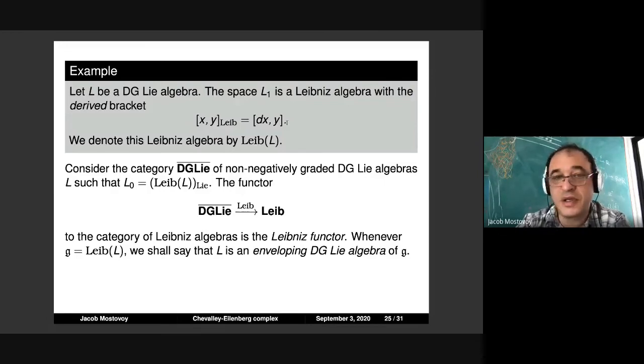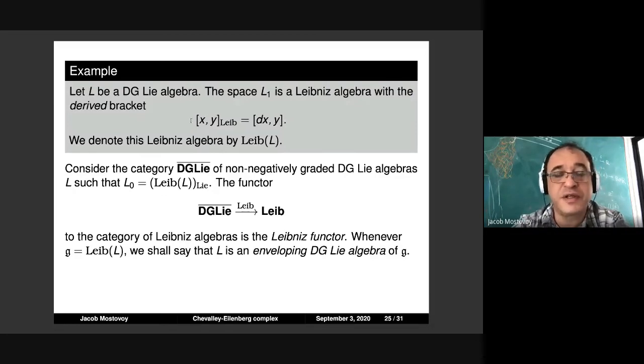So it's very strange that this observation was not explicitly made by Loday. He gave tons of examples of Leibniz algebras, probably all the examples apart from this one. And after 30 years, people started realizing that this is the case.